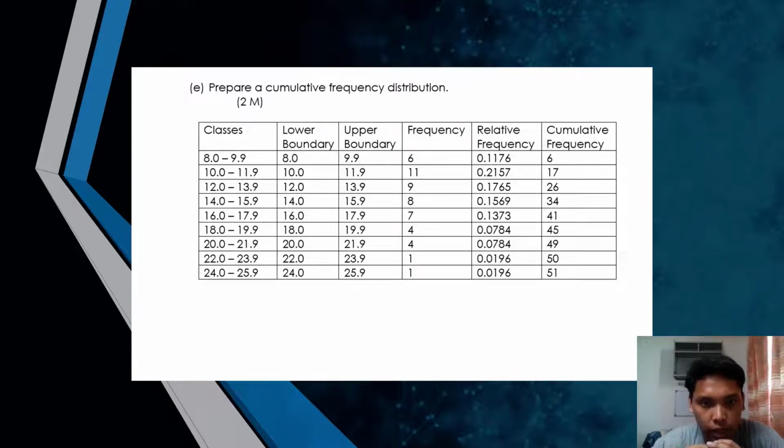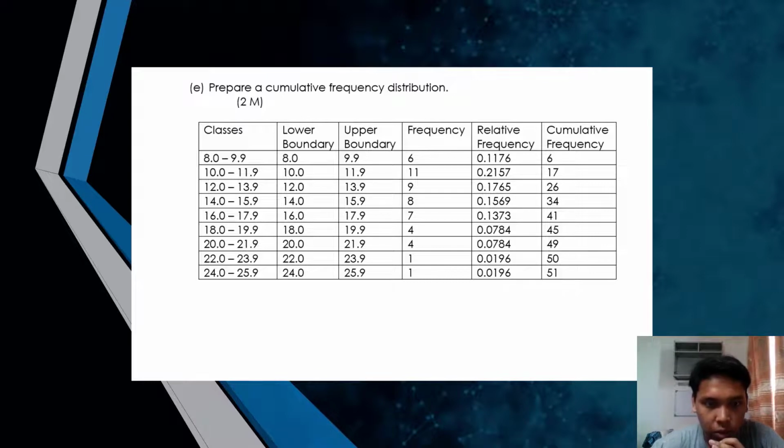We have to add two new items, which are lower boundary and upper boundary. Okay, classes, frequency, relative frequency, cumulative frequency are also exactly the same as table A. But the new ones are lower boundary and upper boundary.